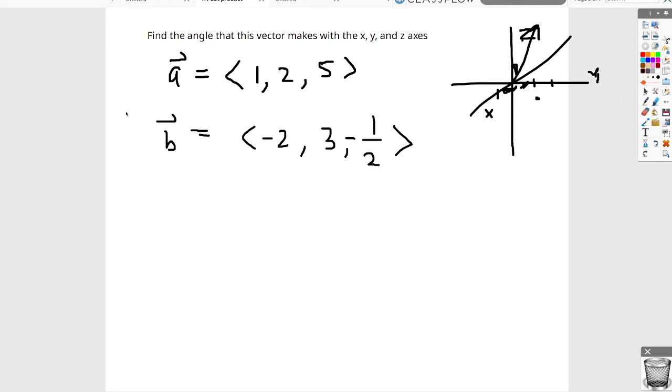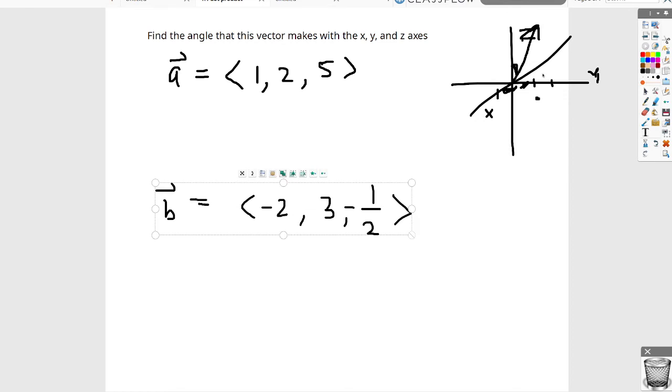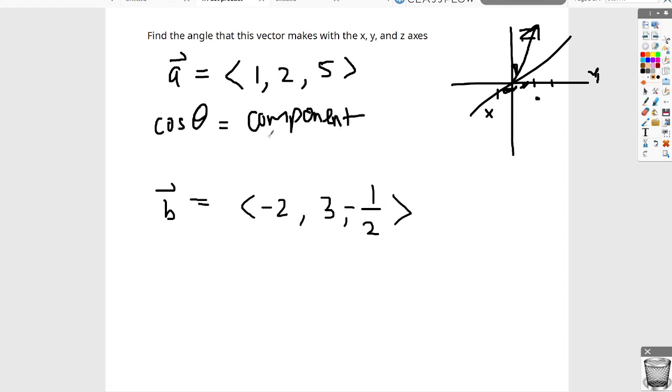So the cosine of whatever angle you're trying to look for, I'm just going to use theta, is equal to the component. So for example, the x component, I'm just going to write the entire word out, component over magnitude. That's the cosine, right? I'm not going to try to calculate it out on the phone, but you can do that by yourself.